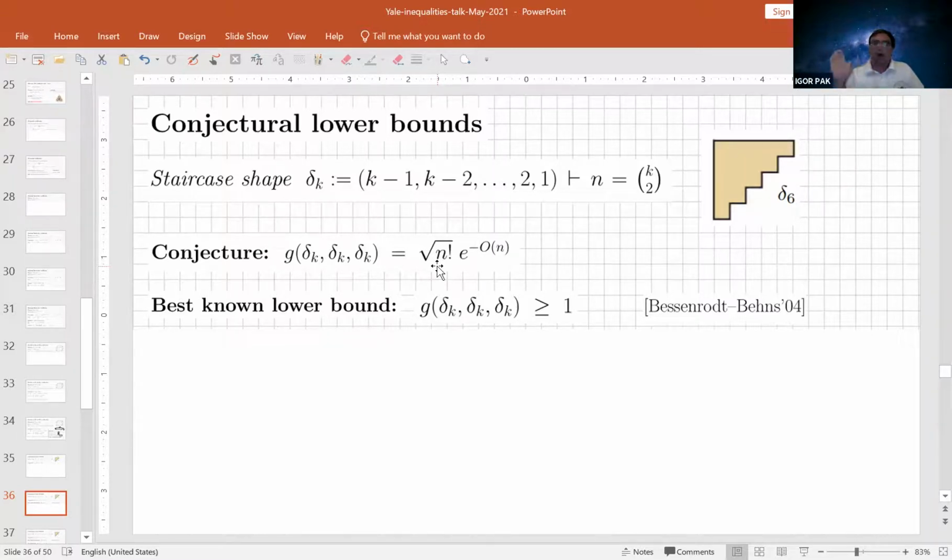We cannot approach this at all. The best lower bound is greater or equal to 1, and that's highly non-trivial. And by highly non-trivial I mean it uses an interesting idea that doesn't generalize to other shapes.